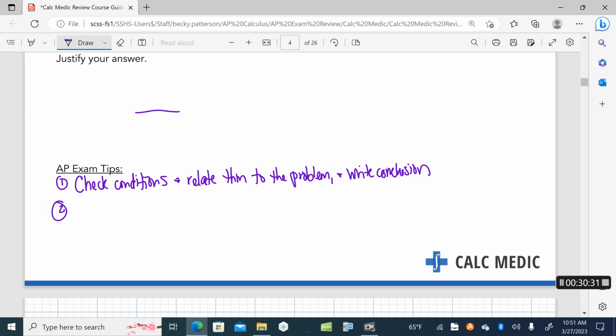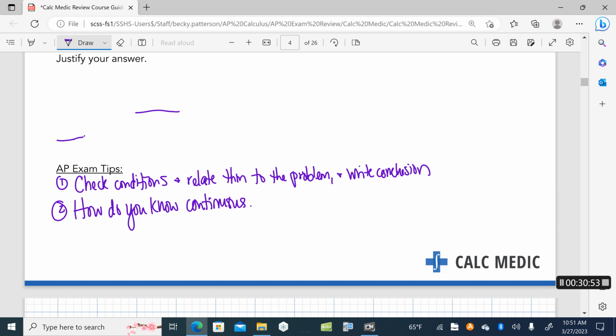The second exam tip is that you must state explicitly how you know the given function is continuous in order to use the IVT. So how do you know it's continuous?